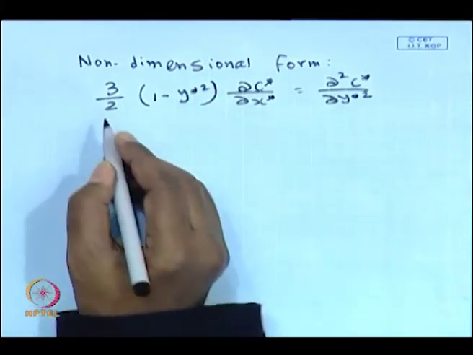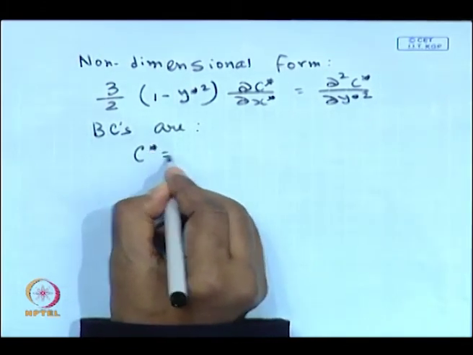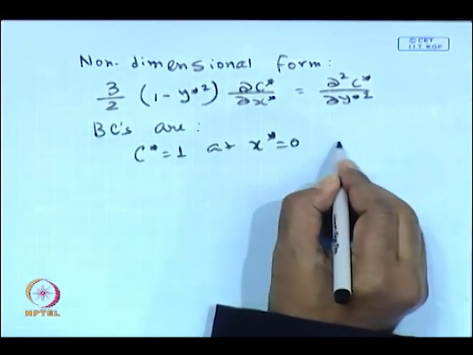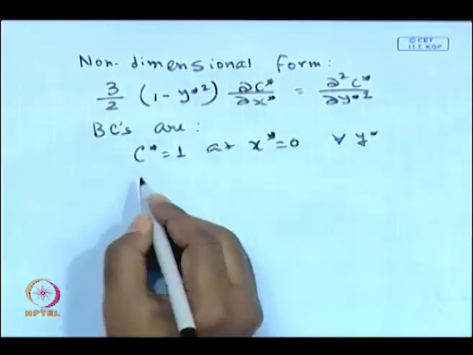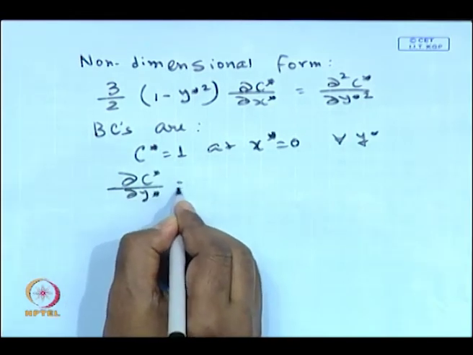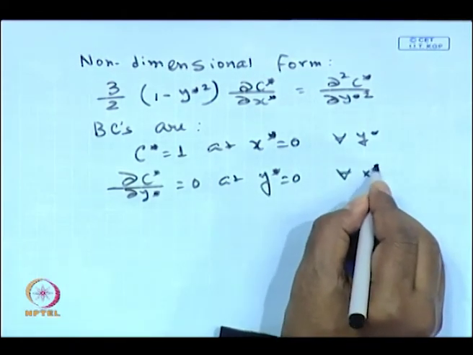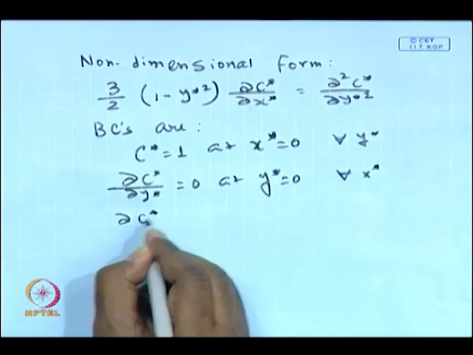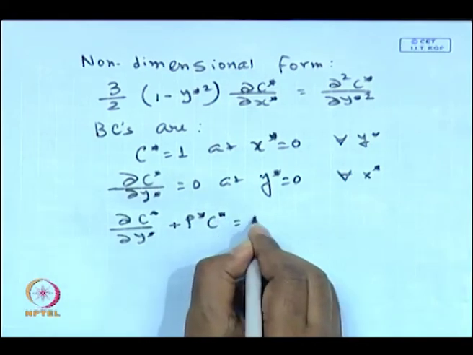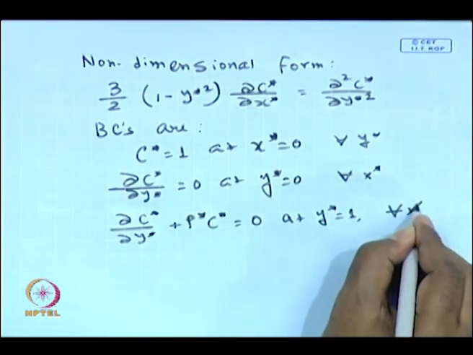This is the governing equation, and the boundary conditions are: c star is equal to 1 at x star is equal to 0 for all y star; del c star del y star will be equal to 0 at y star is equal to 0 for all x star; and del c star del y star plus p star c star is equal to 0 at y star is equal to 1 for all x star.